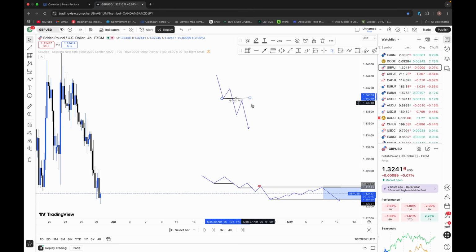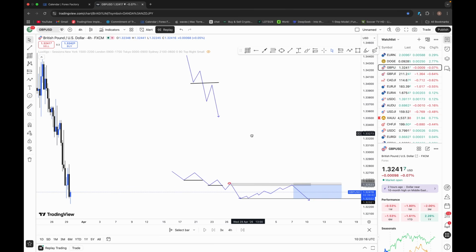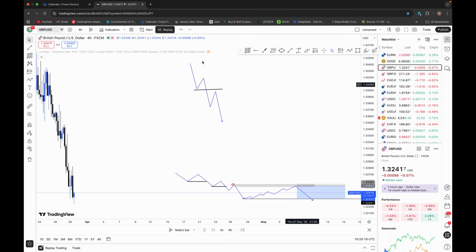And if it's broken, it turns to resistance, right? So these concepts, or rather these strategies, have to be validated at some point. A lot of people use this, right? But I'm going to show you the types of traps that can come your way, right?